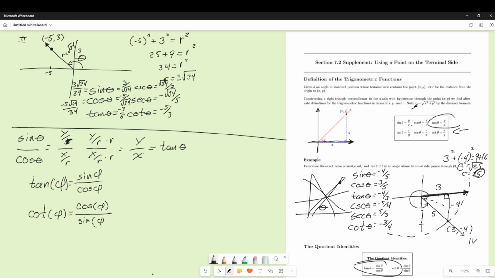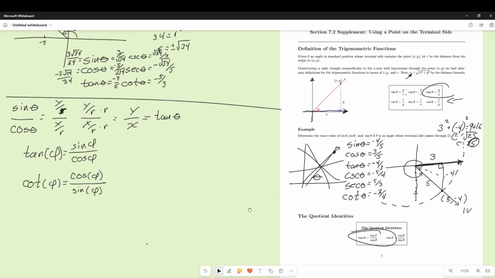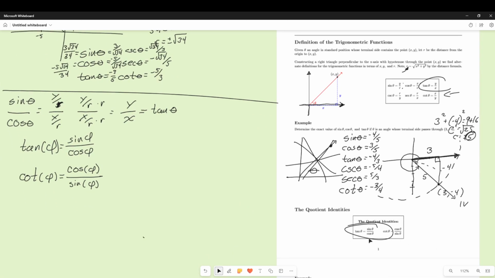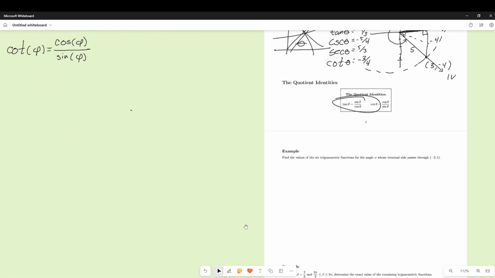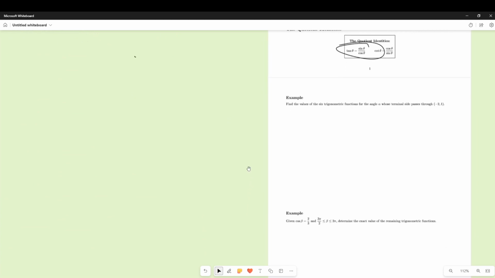There's no real reason I put the parentheses on it sometimes and not others. Sometimes you need them for clarity, but it's equally clear in both cases here. So these quotient identities are going to come up very, very handy, and they're a consequence of these definitions. And we're going to have quite a few more of those.